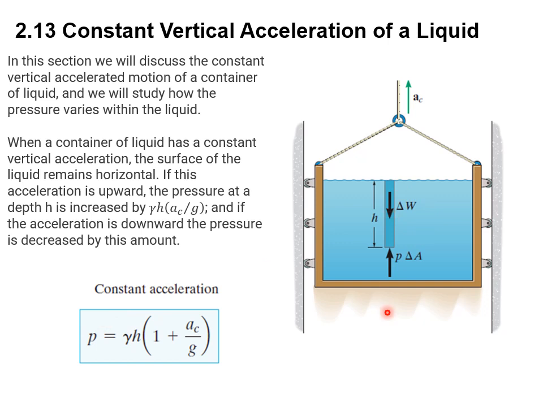If it accelerates downward, then the pressure is decreased by this amount. So here you can set up a simple formula that the pressure at any point h is going to change by an amount equal to this. You just have to remember that this is either plus or minus depending on if it's accelerating downward or upward. So it's not always plus. Sometimes it's a minus if it's accelerating downward.